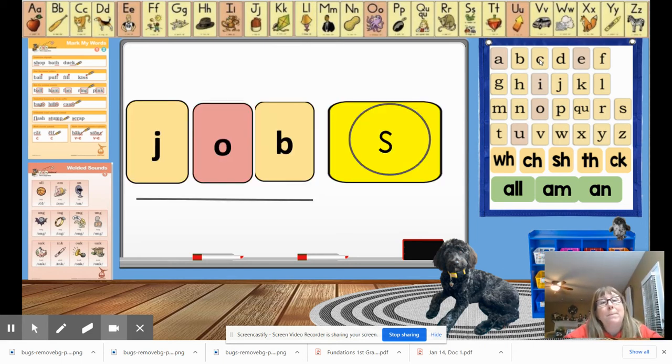Let's tap out our base word. Then we're going to add our suffix s. Ready? Job. Job. And then when we add our suffix s, job becomes jobs. What does the suffix s do to the word job? Somebody explain to me. When I make it go from job to jobs, how is that changing my word?